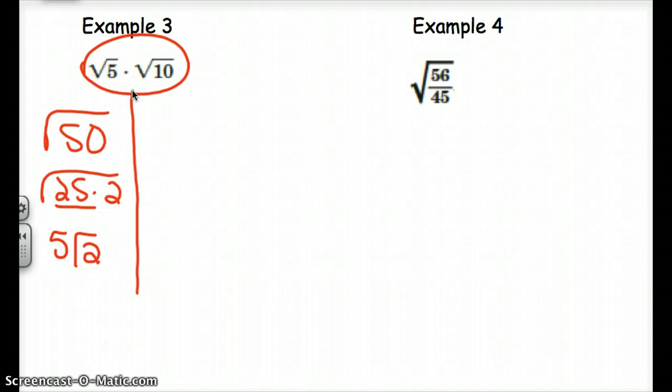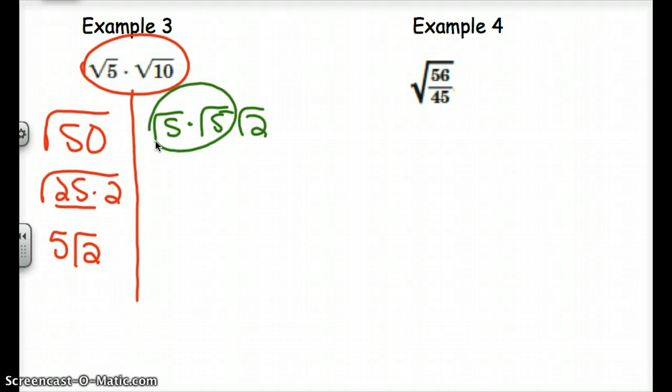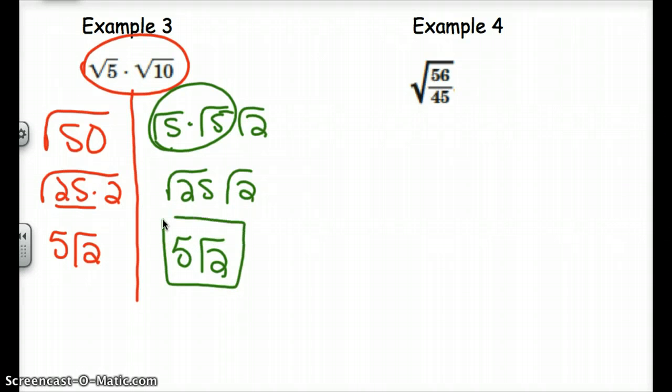That's one way. The other way is you can just break them apart. Root 5 and root 10 is root 5 times root 5 times root 2. Same thing, square root of 25 is 5, root 2. So two ways to solve that problem.